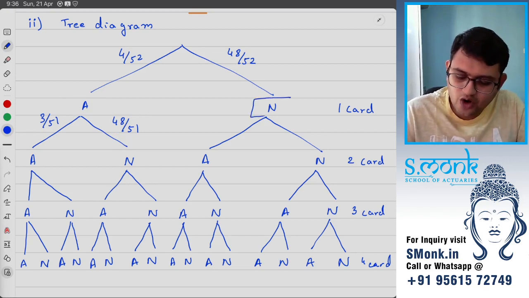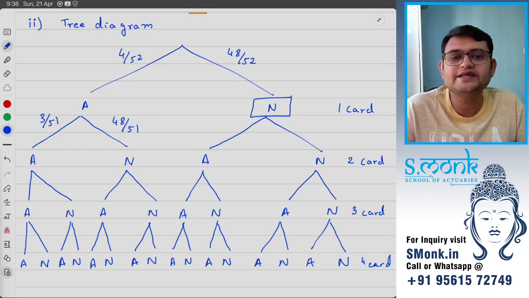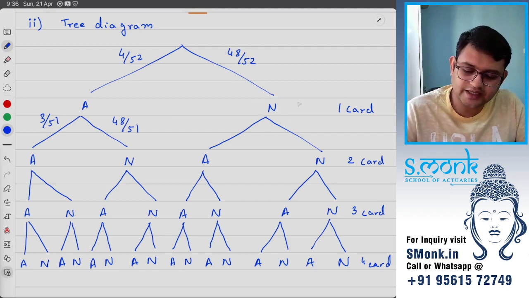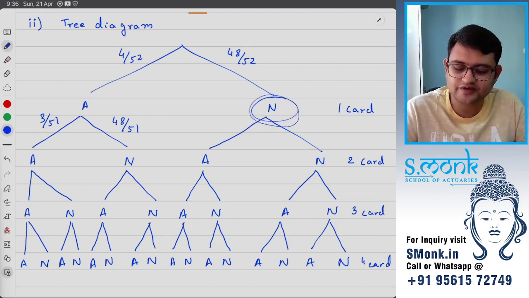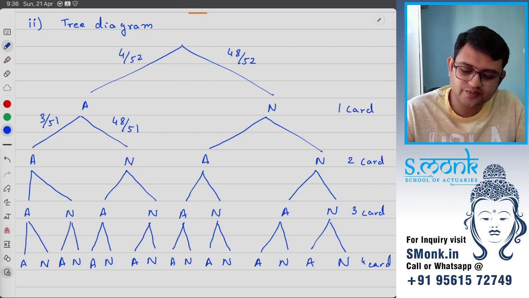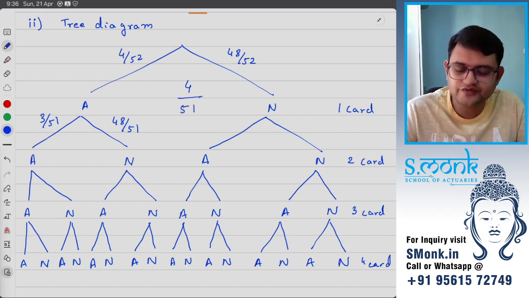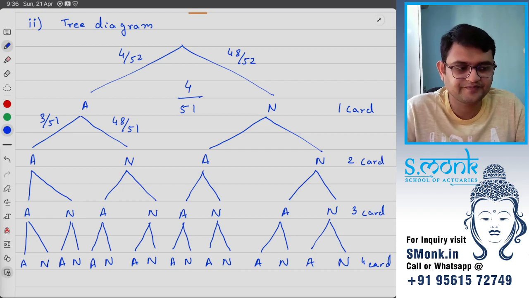Similarly, if I got any card other than ace in my first selection, what is the probability that I will get ace in the second selection? So I still have 4 aces in the deck, but I have 51 cards left.